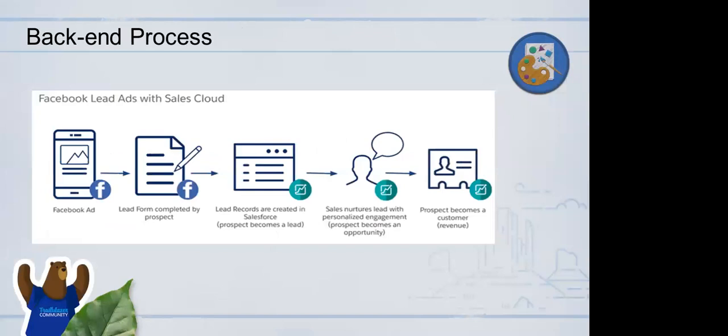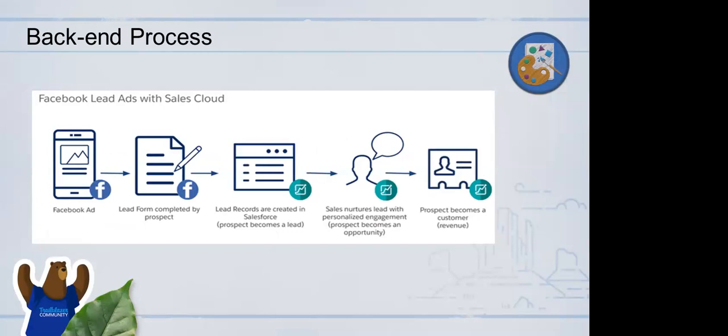Again, the backend process that works is, there is a Facebook ad which you'll create. The Facebook ad will have a lead capture form which a user will fill out. Once the user fills out the form, that lead record gets created in Salesforce, where that prospect becomes a lead, since he's provided that information or shown that first level interest.